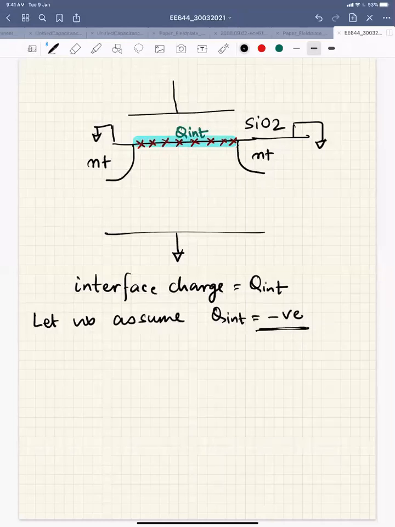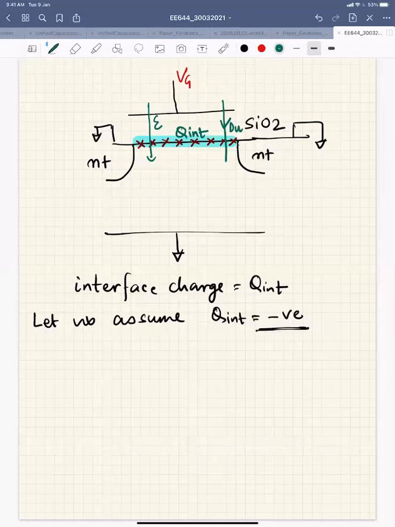If I apply some gate voltage here, there will be some electric field and a displacement vector.